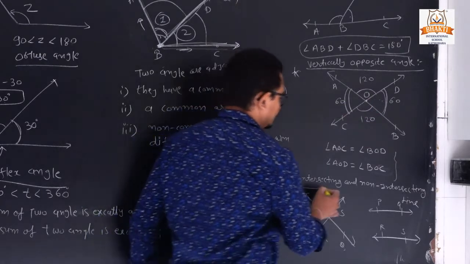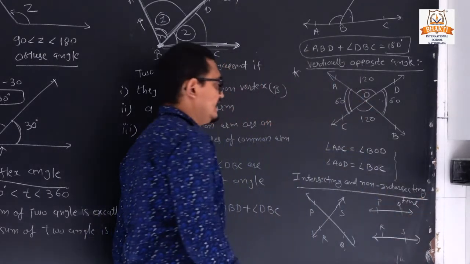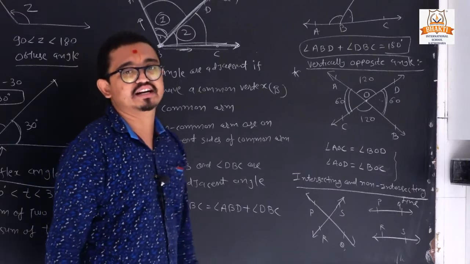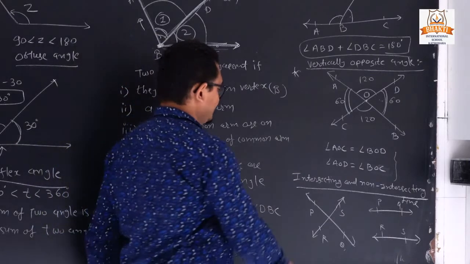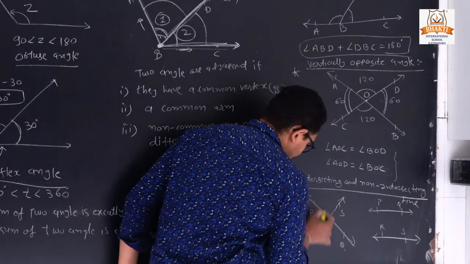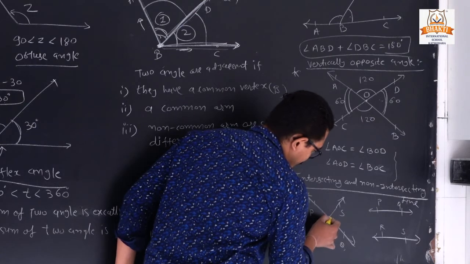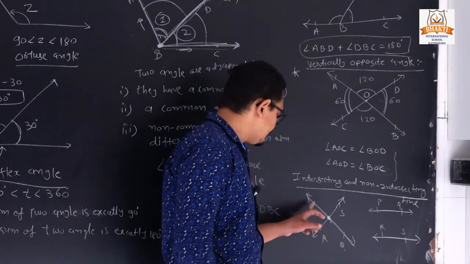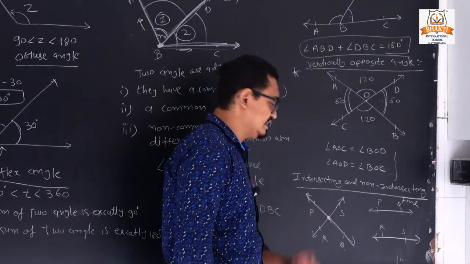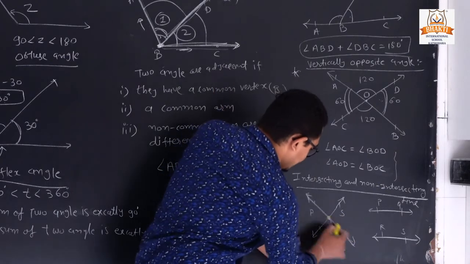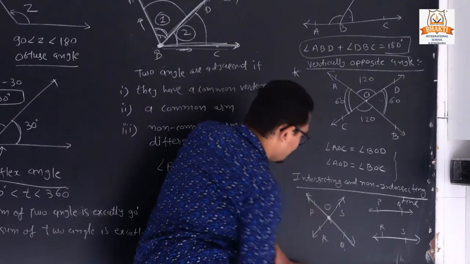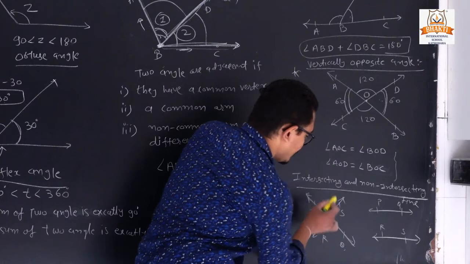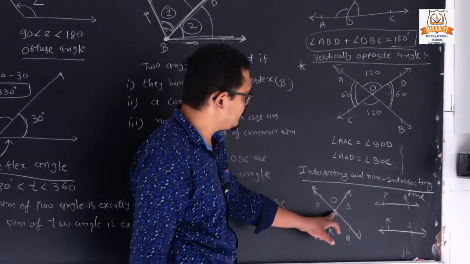Now last definition, intersecting line and non-intersecting line. Intersecting means what? They have one common point, a crossing point. Clear? Suppose we have two lines PQ and RS. They intersect at this point. We can give it the name O. So O is the intersecting point.